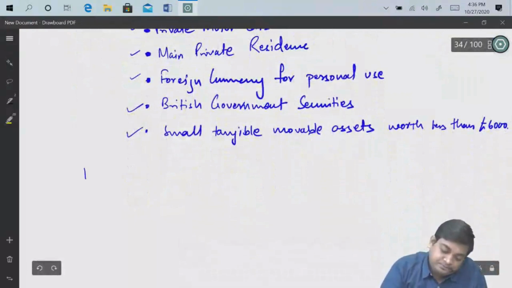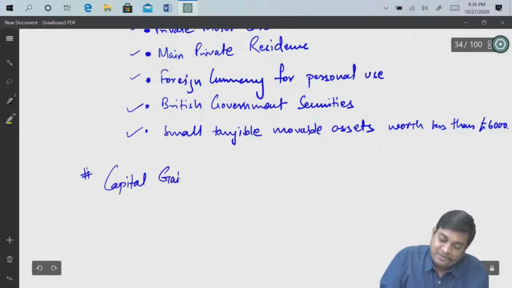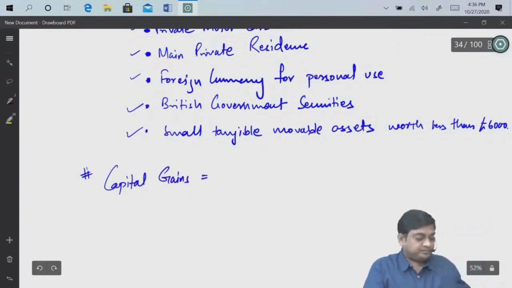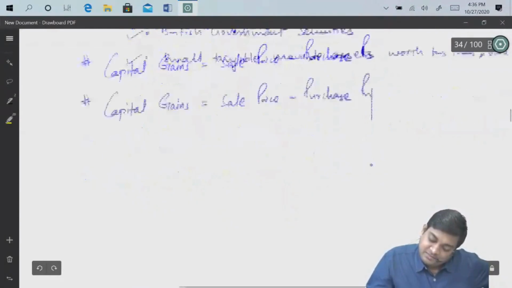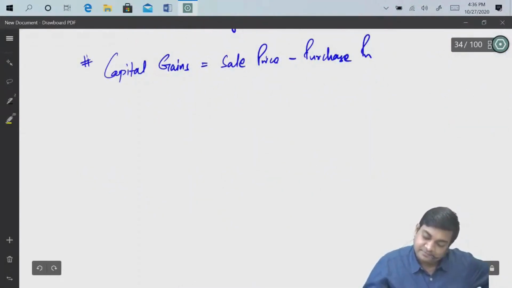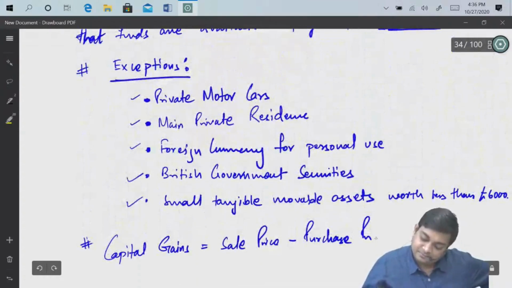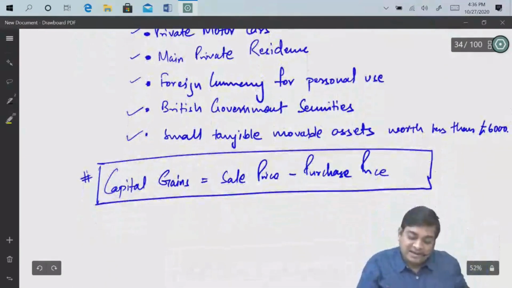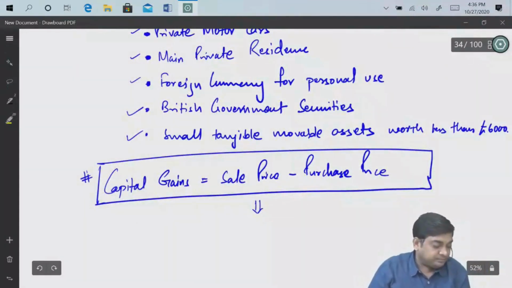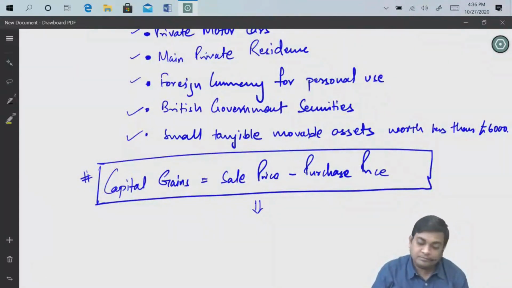Now, capital gains is simply sale price minus purchase price. Now, in many countries, they might consider indexed cost, right?